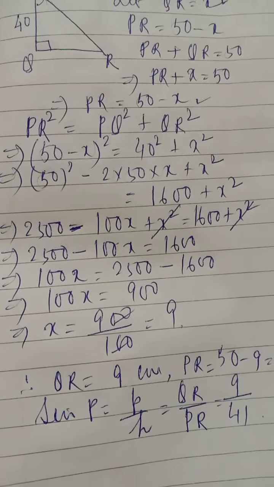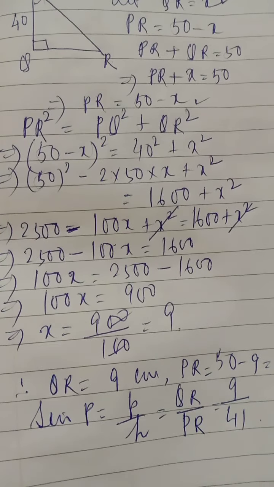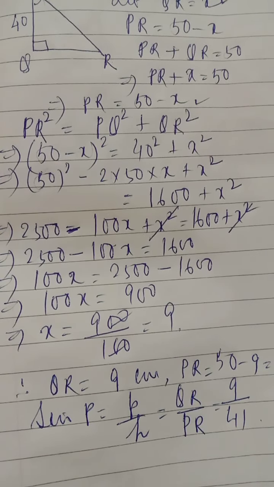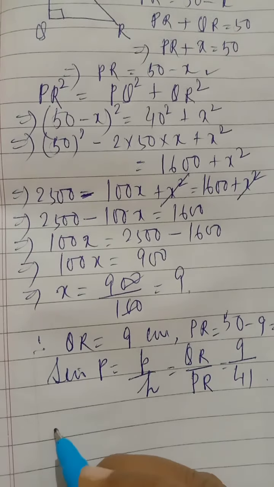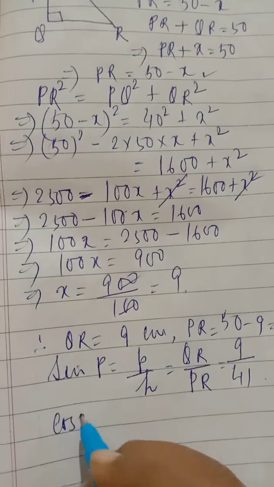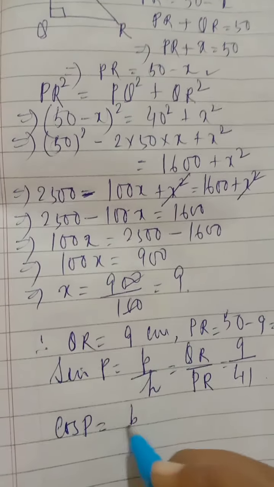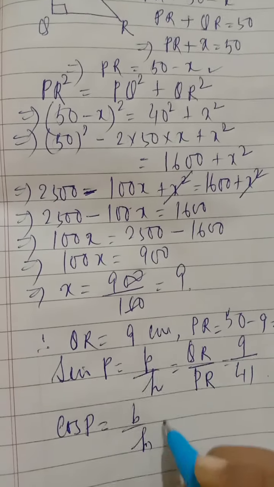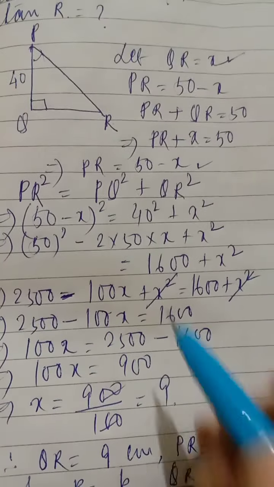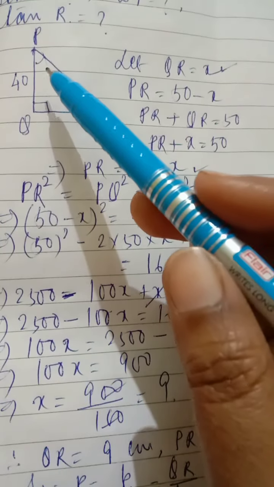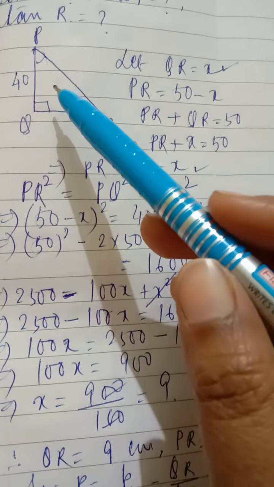And then the next one which we had to find is cos P. Cos P is base by hypotenuse. So we'll see the angle P here. In angle P, we have to see the base.